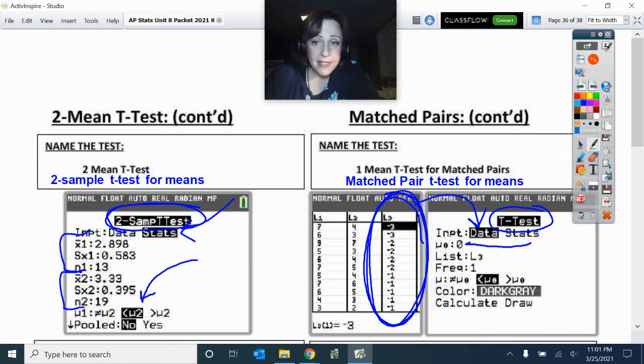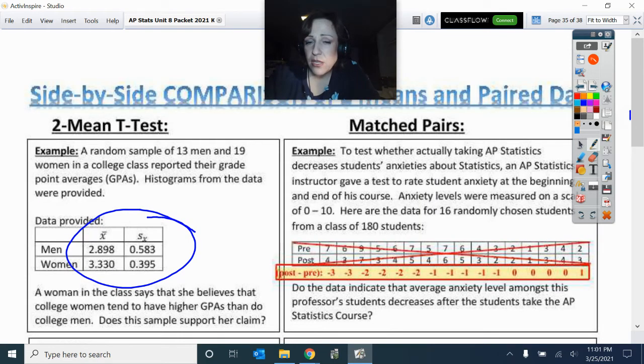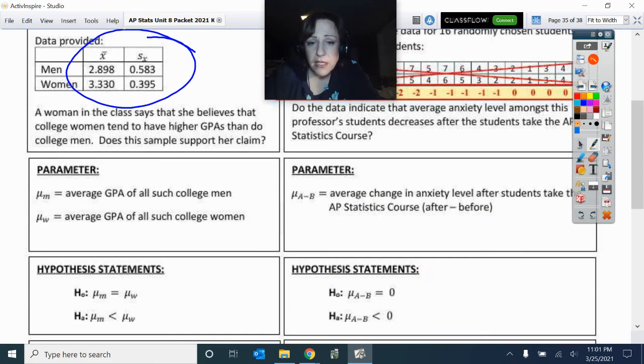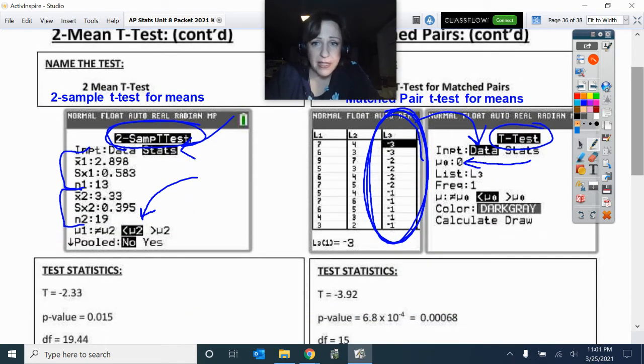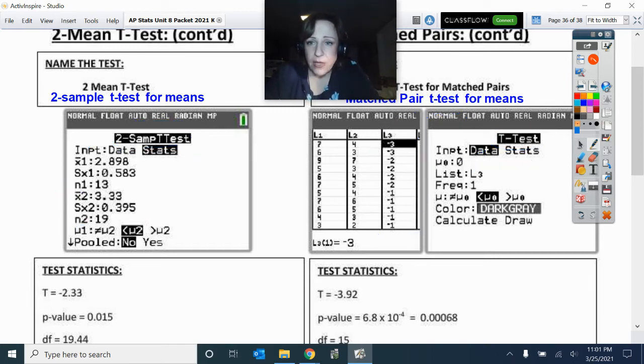The null hypothesis is an average difference of 0. See here on this page right here? That was the null hypothesis, an average difference of 0. So in my calculator, that's what this is saying, an average difference of 0. My data is located in list 3.